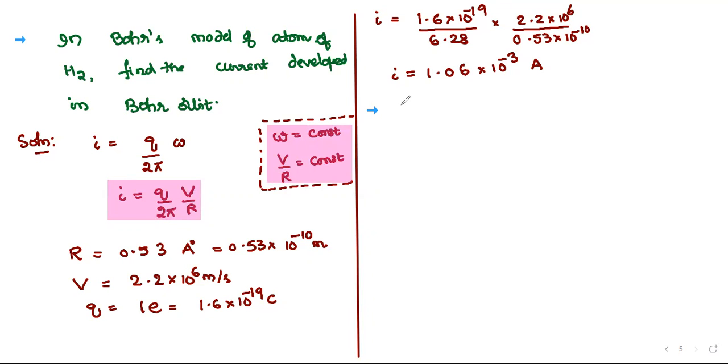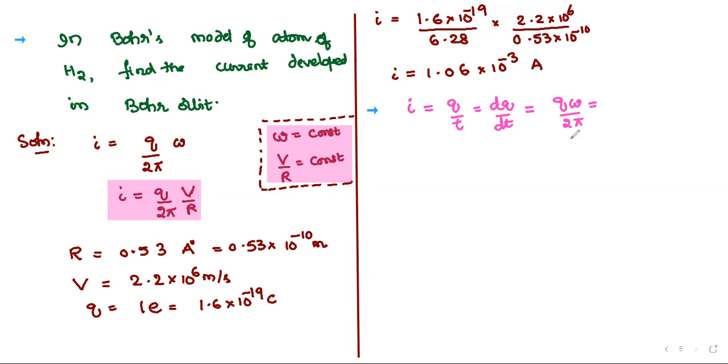Finally, concluding here, I you can write as q by t, or dq by dt in case of variation. In case of a revolving electron, we can write it as q omega by 2 pi.